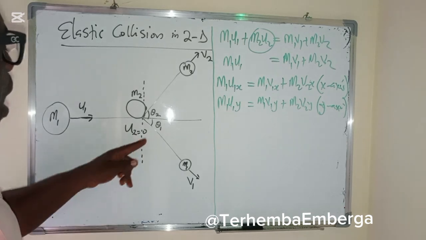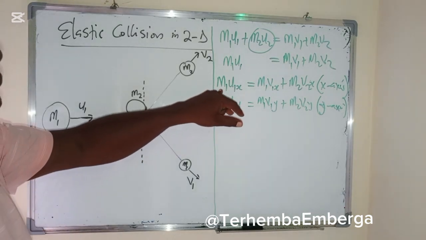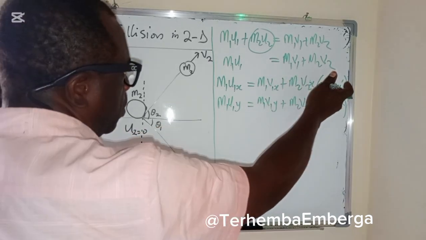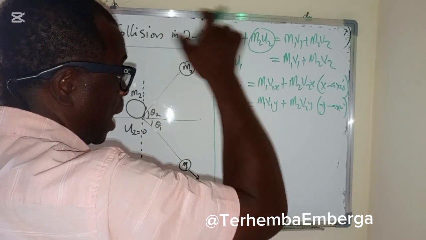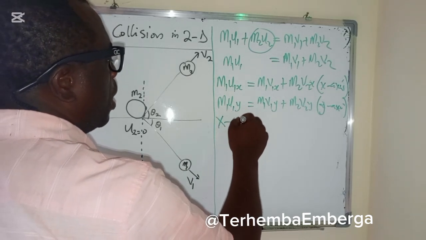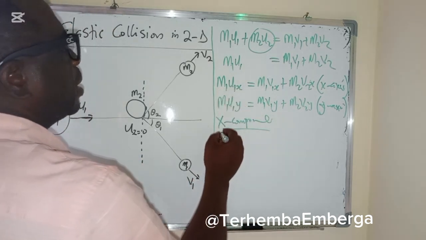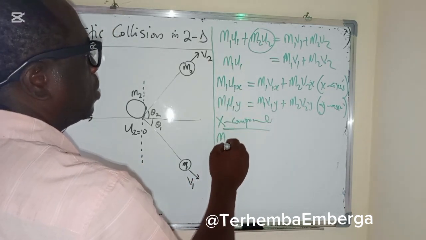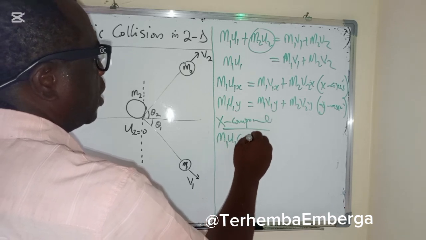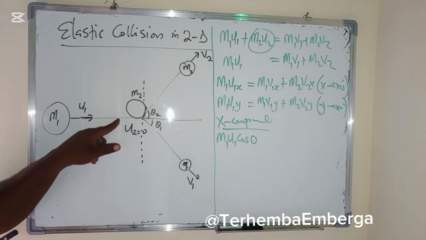So in terms of the angle, we can now integrate this into what we have just written in terms of the x-axis and the y-axis. For the x component, we can write this as m1 u1 cos 0, because m1 is still moving on a straight line, there's no angle involved here.